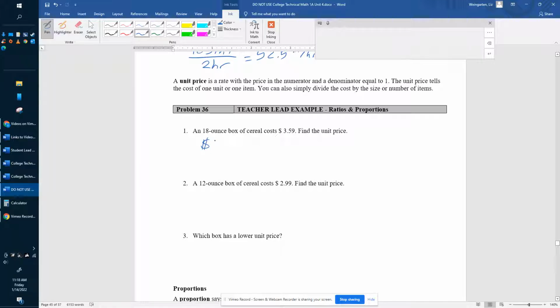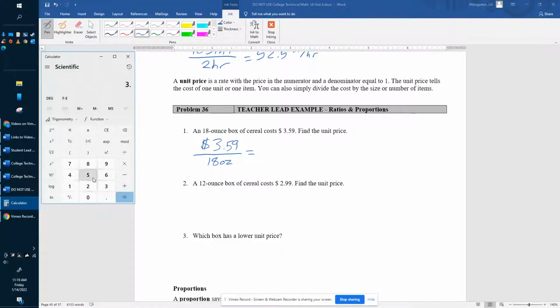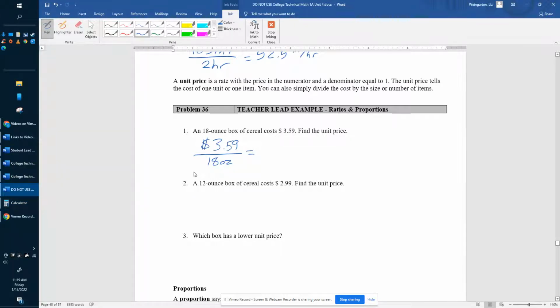So we're going to look for price per ounce here, over 18 ounces. So how much is that per ounce? So that's about 20 cents per ounce. We're talking dollars, so we can round to the nearest cents.